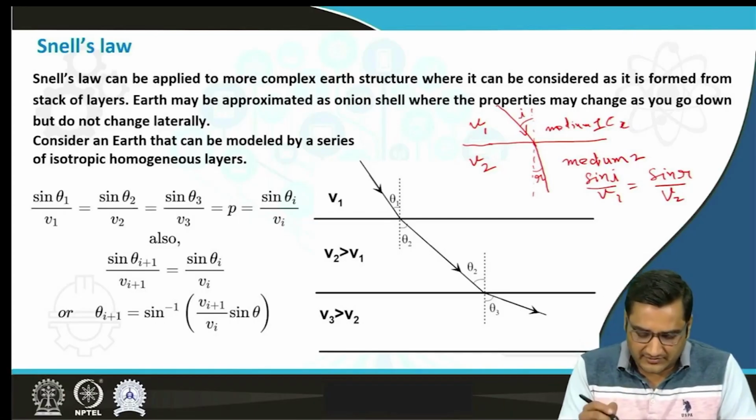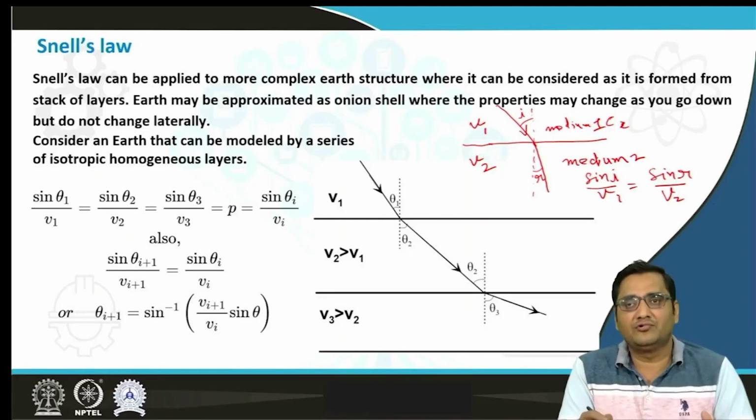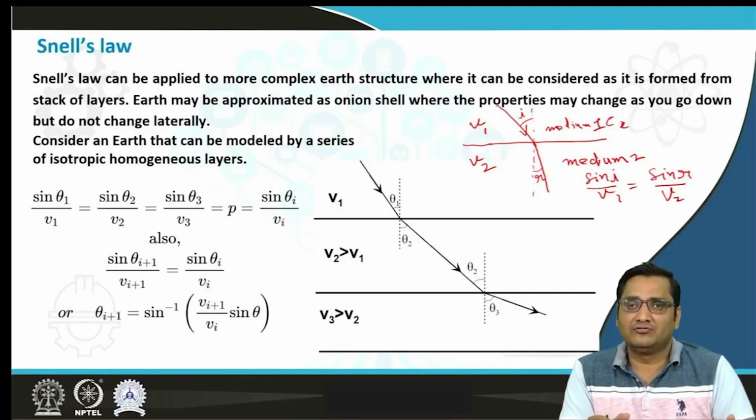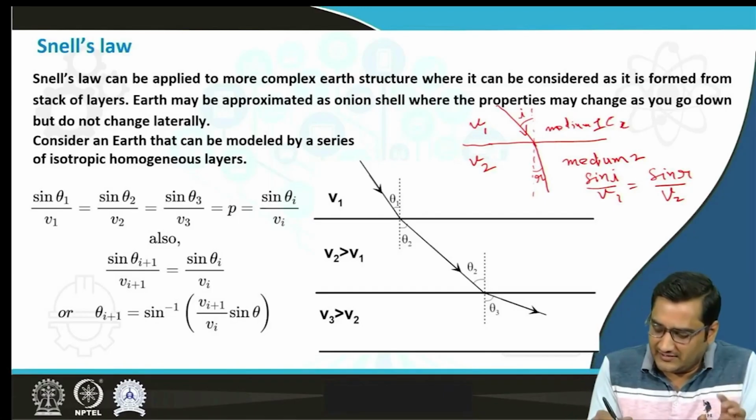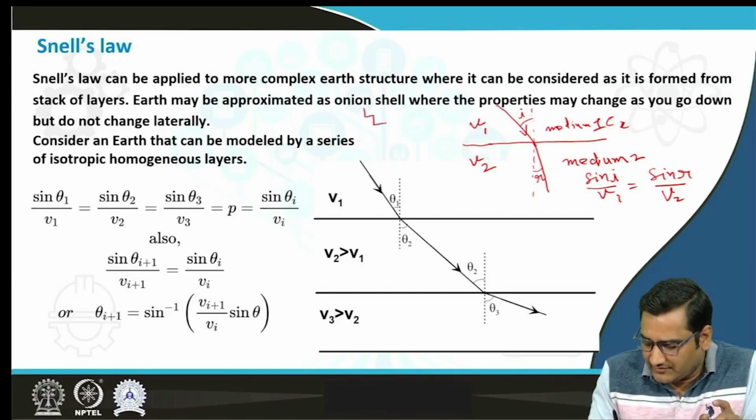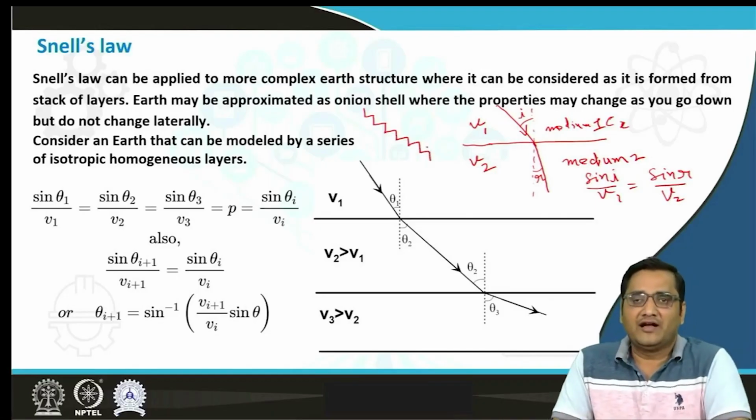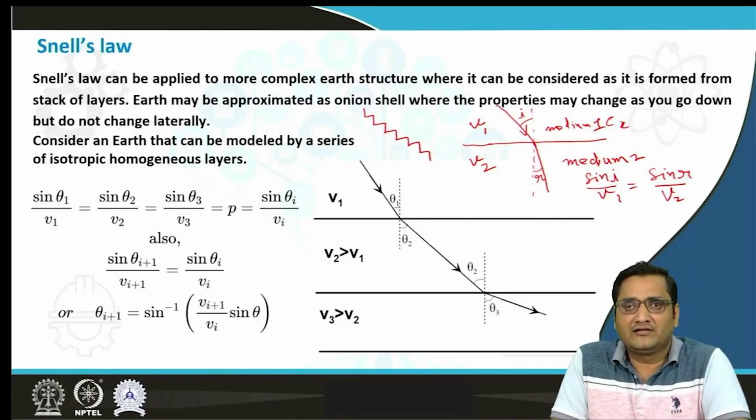So that is what we are going to see in more detail for a stack of layers. That means instead of only a single interface, suppose we approximate the earth as an onion shell, where the properties may change as you go down but do not change laterally. If the earth is made up of a stack of layers, something like this, how will Snell's law be valid?